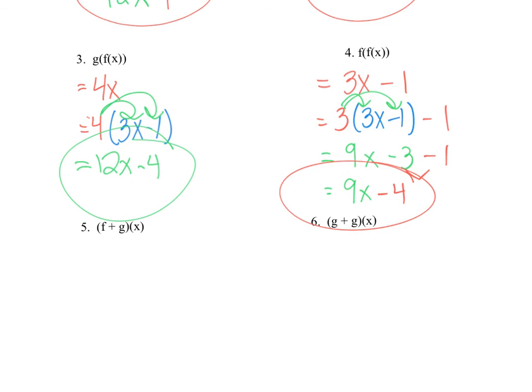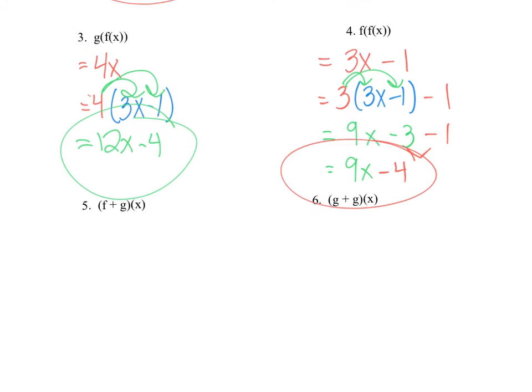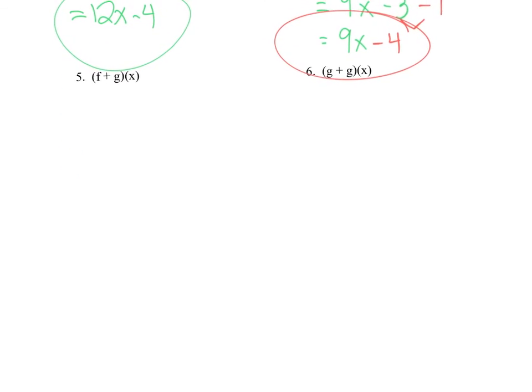Okay? All right, on to 5. Now, look here. Is this operation or composition? Operation. And what operation am I using? Good. Now, this is what we learned last week. It just throws it in there to make sure you remember.